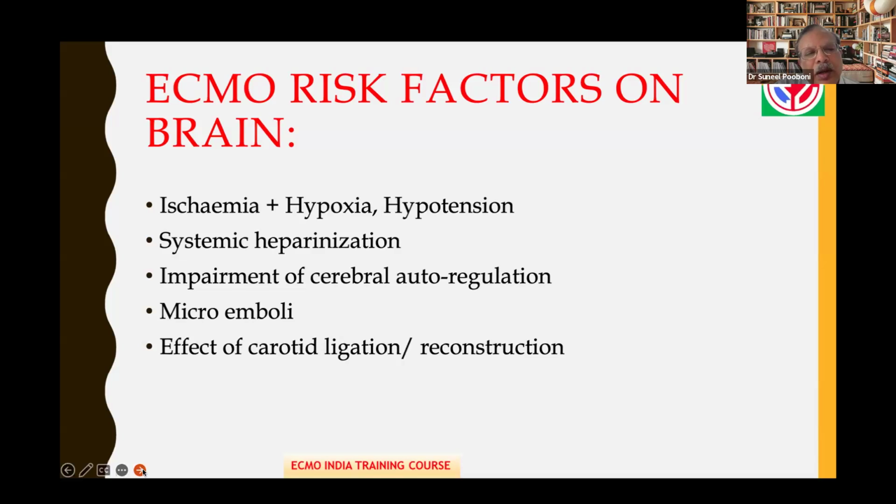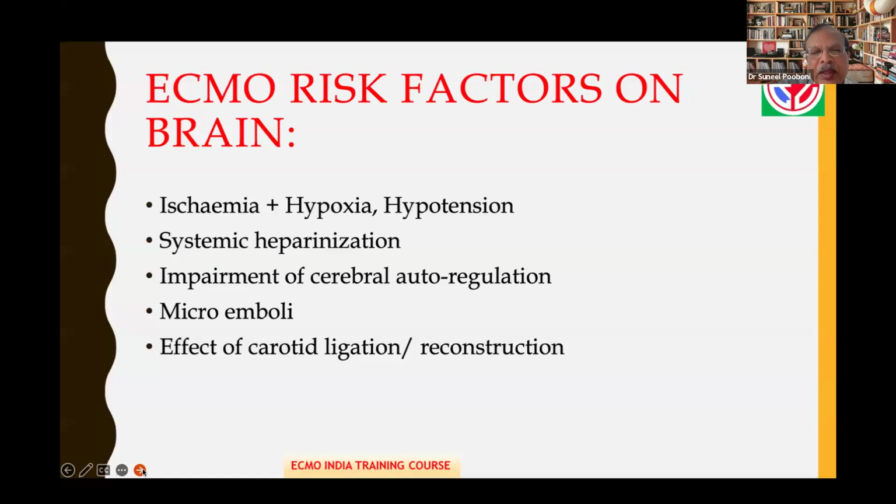Children usually tolerate carotid ligation reasonably well, as the opposite side and the same side vertebral artery take care of that part of the circulation to most of the extent. And regarding the reconstruction, surgeons usually decide to reconstruct if the underlying vascular endothelium is necrosed and it is possible to repair it, then they tend to repair it.